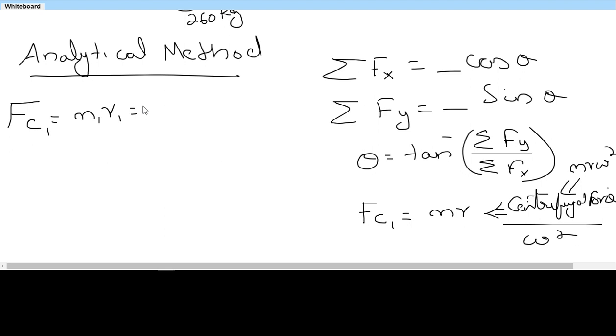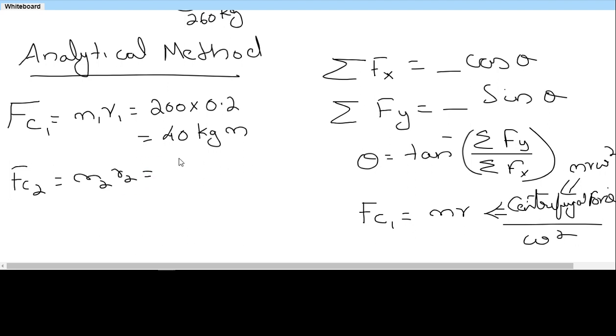Okay. So m1 r1, what is that? M1 r1 is equal to 200 times 0.2. That will be 40. Unit will be kilogram times meter. And similarly FC2 will be m2 r2, that will be 300 times 0.15, that will come around 45 kilogram meter.